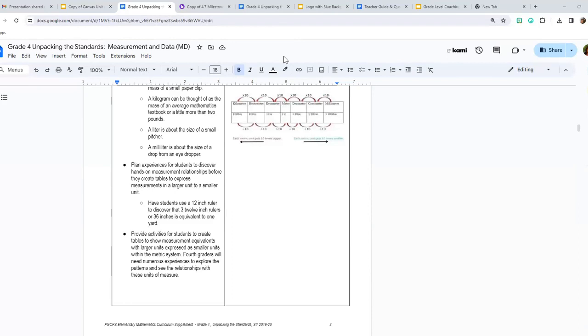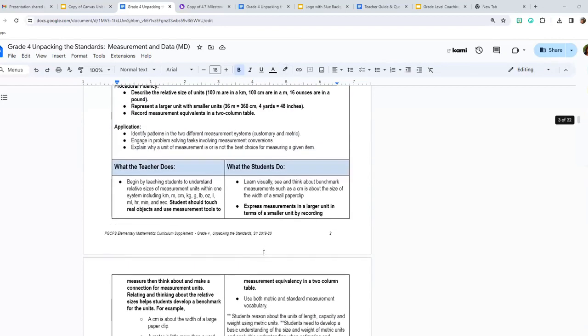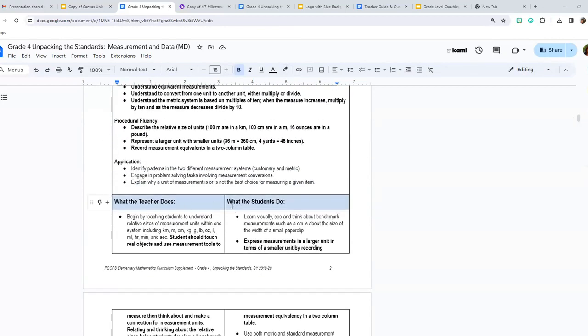Fourth graders will need numerous experiences to explore the patterns and see the relationships with those units of measurement. Now we're going to go back up, and on the right side, it's going to talk about what the students do. They learn visually and see and think about benchmark measurements such as a centimeter is about the width of a small paperclip.